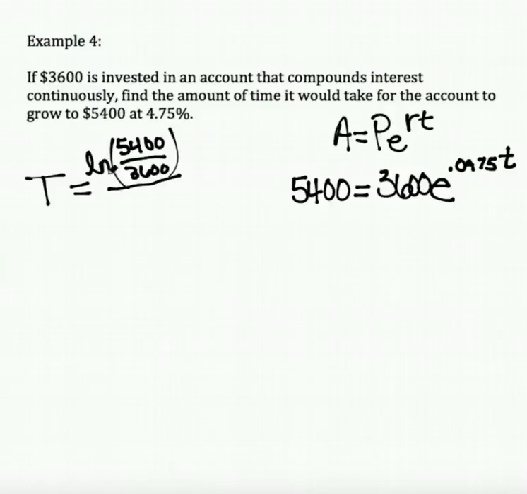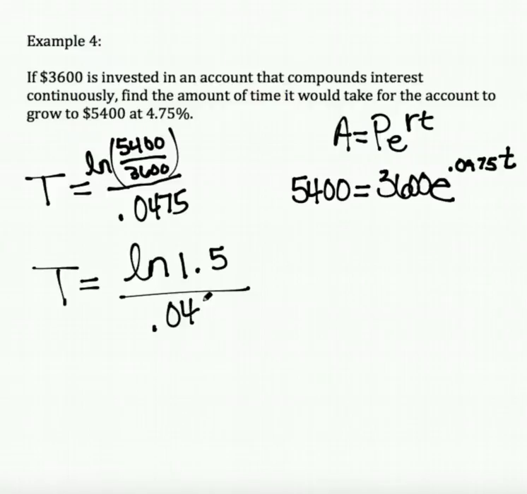All right, so it's natural log of A divided by P, and then we know the rate goes on the bottom, 0.0475. So T is going to be equal to the natural log of 1.5 divided by 0.0475. So again, we're not doubling, we're getting 1.5 times our money. That's going to leave me with T is approximately 8.5 years.